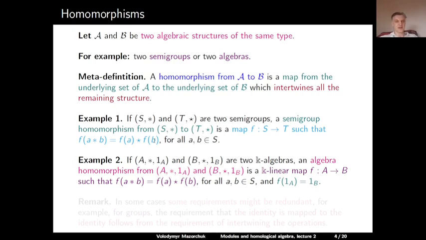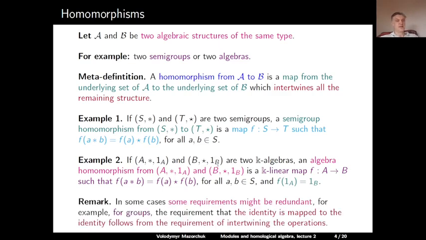So a homomorphism is a K-linear map which intertwines the product. So f applied to a * b should be equal to f(a) ⋆ f(b). And also it should send the unit element 1_A in A to the unit element 1_B in B. Remark: in some cases, some requirements for a homomorphism might be redundant.